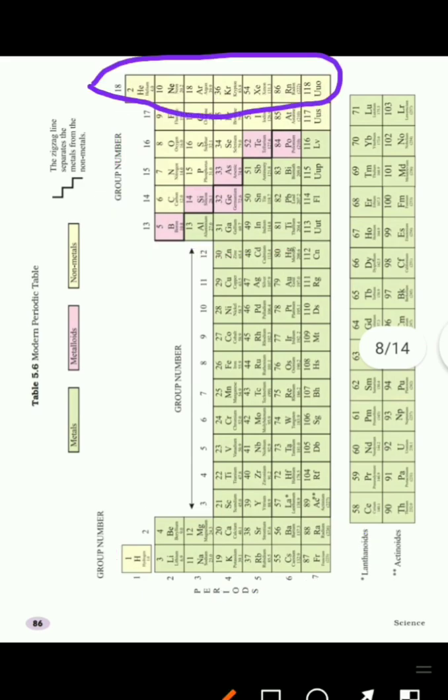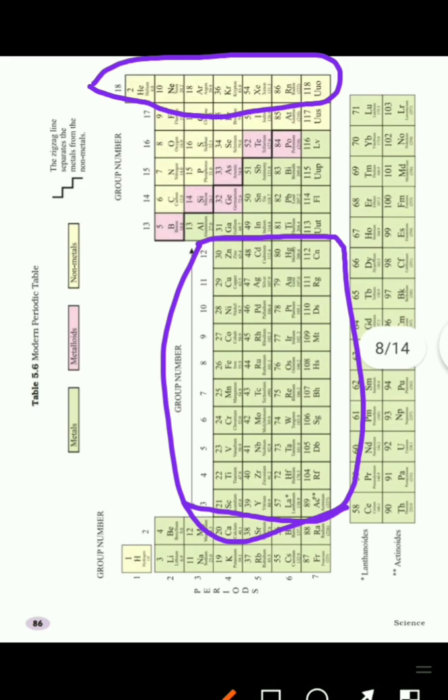Group 18 elements are known as inert gases or noble gases because their last orbits are complete. Whereas elements in groups 3 to 12 are called transition elements. Their last two shells are incomplete in their atom.